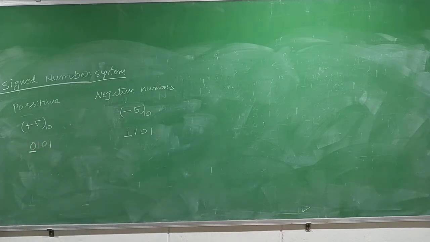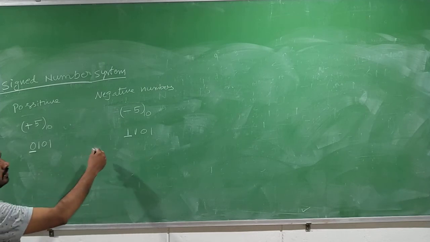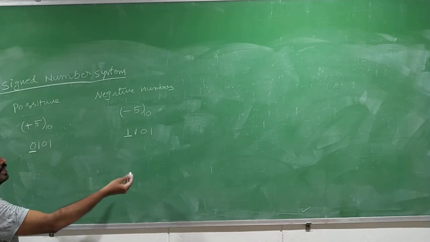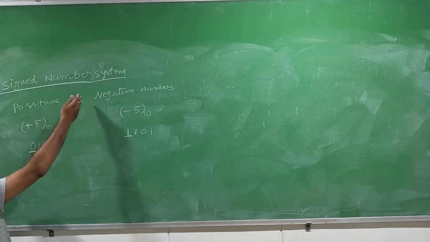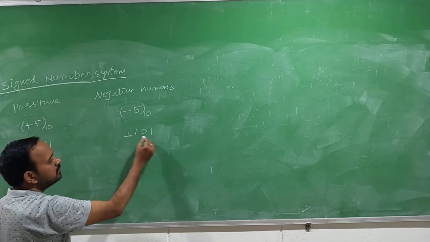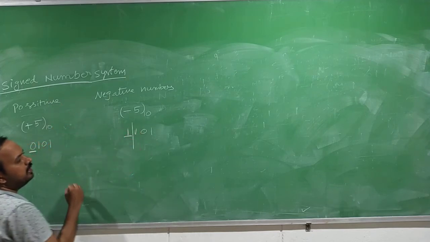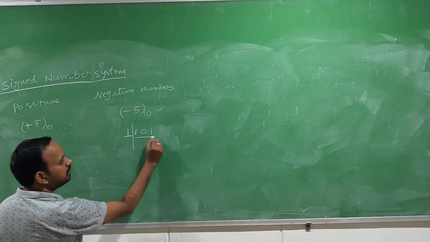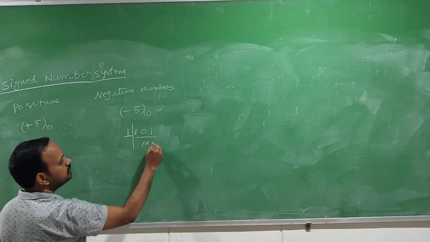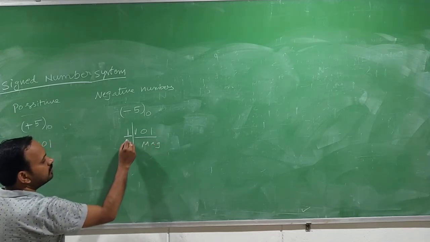generally they will say that if you are in the signed binary number system, then to know what this number means, just leave the MSB and look at the magnitude. So this is the magnitude and this is the sign.